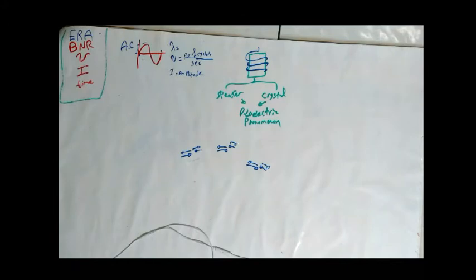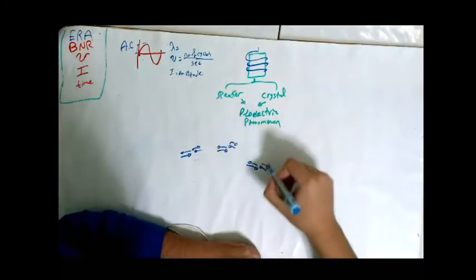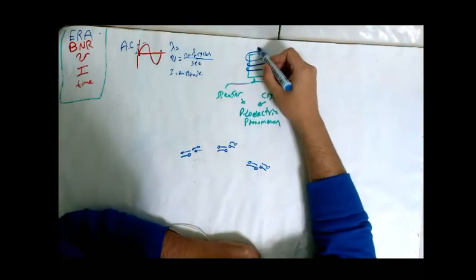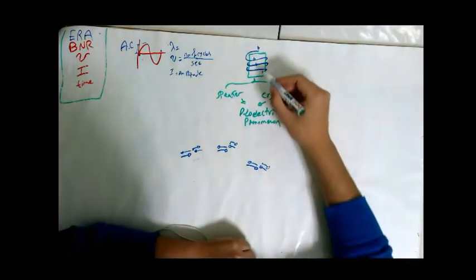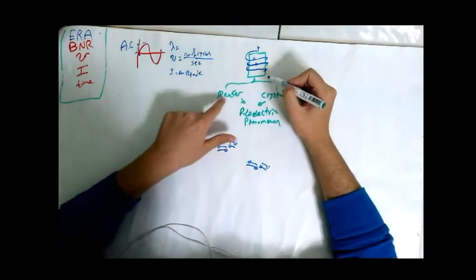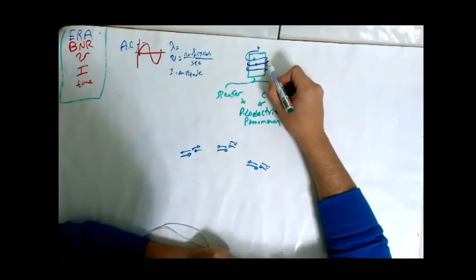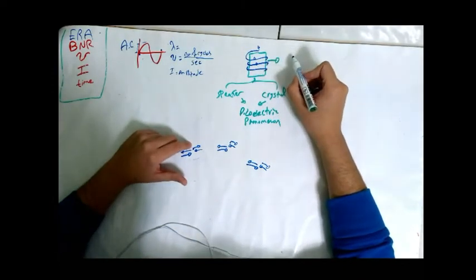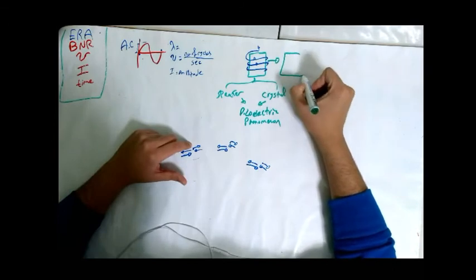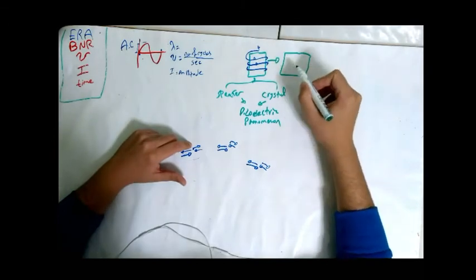So, when this current moves in the coil, it will form changing structures of this material, which is the speaker or crystal. First, when electrons move forward, the material will expand.